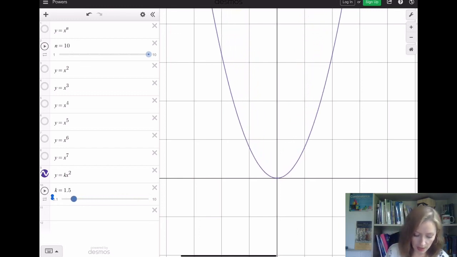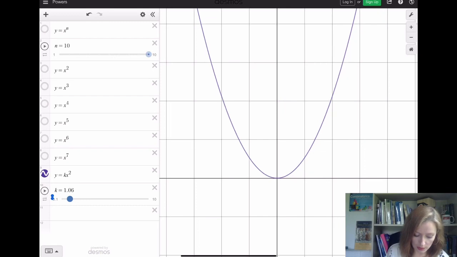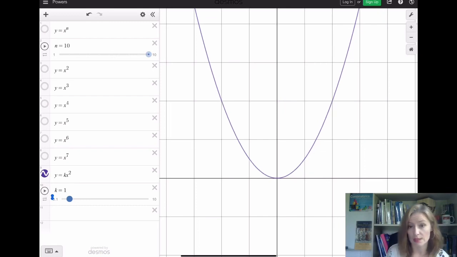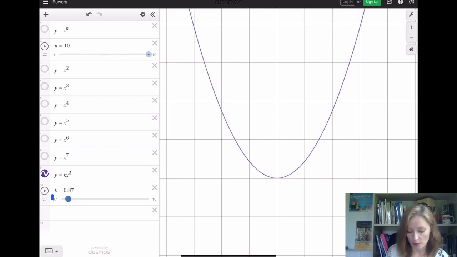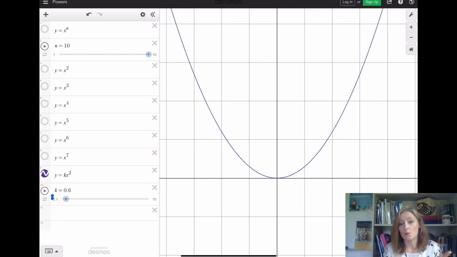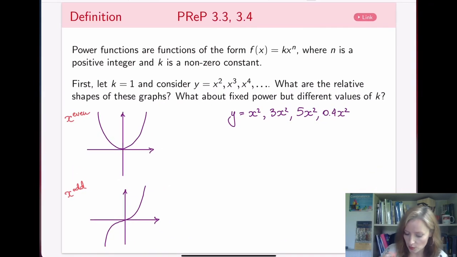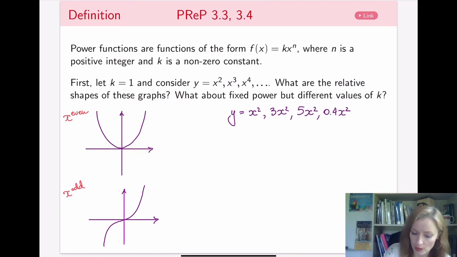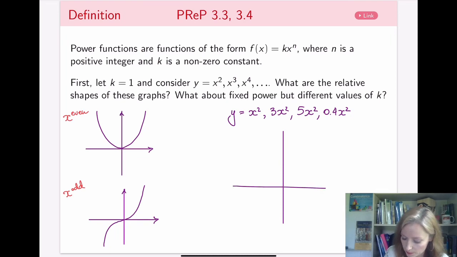Now, if I go below 1, so this is k equals 1, so this is x squared. If I go below 1, the opposite happens. The graph is getting wider and more shallow, yet still remains a parabola, right? So again, let's record what we found out here. So maybe let's draw ourselves another set of axes here.